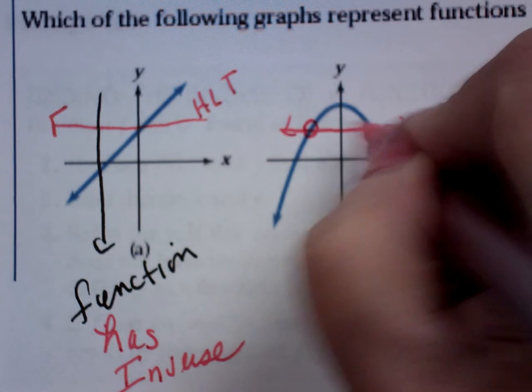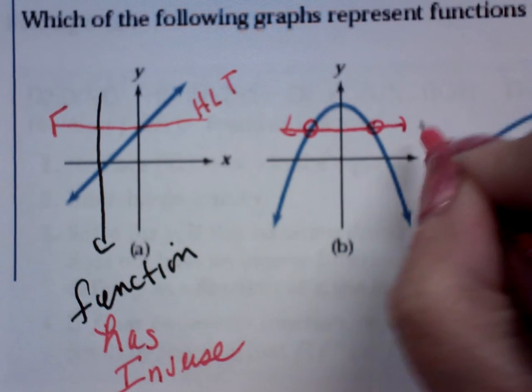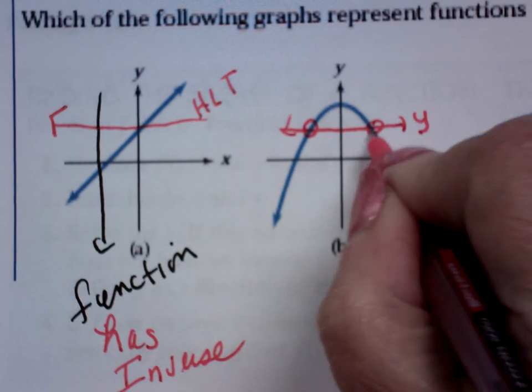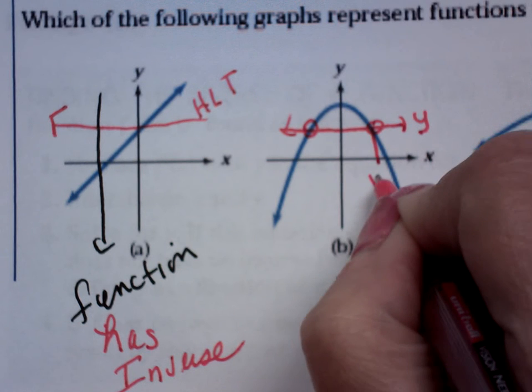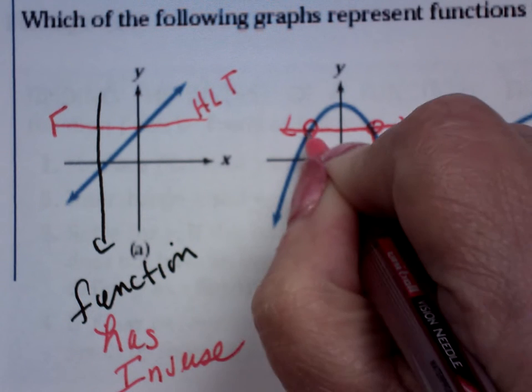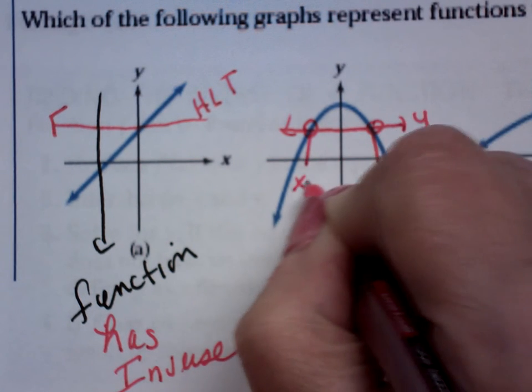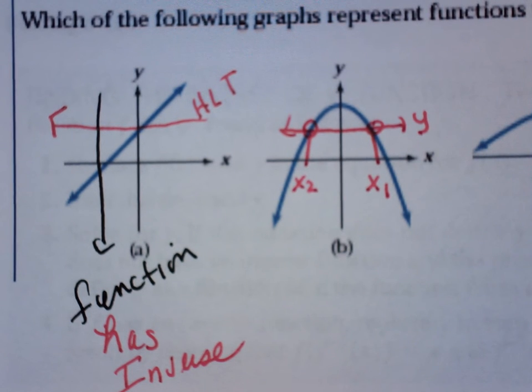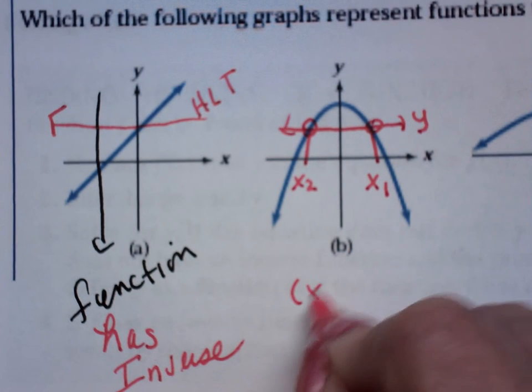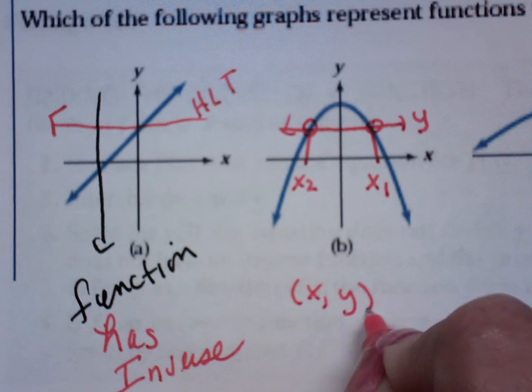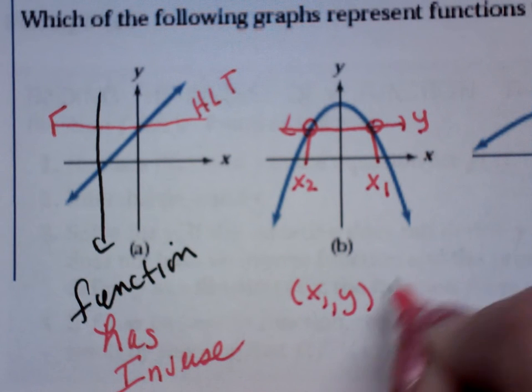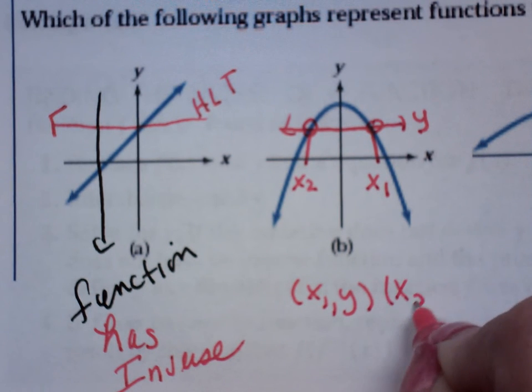It intersects in two places. This is a single y value. If I look, here is an x value, here is an x value. That means that x1 has the same y value as x2 does.